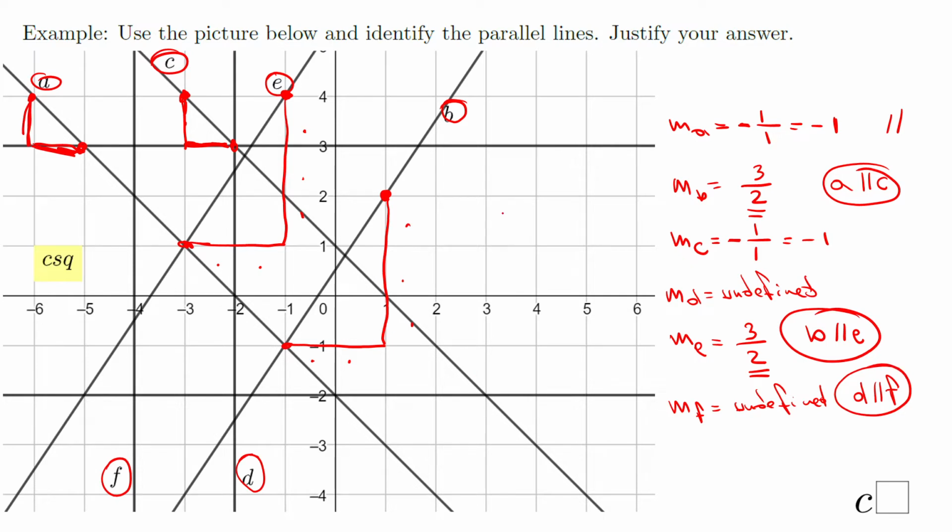I did not label them, but we'll label them now, H and J. The slope of H and the slope of G are 0. Horizontal lines have a slope of 0. So these 2 lines are also parallel lines.